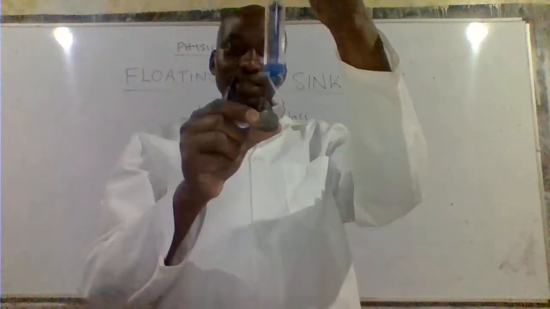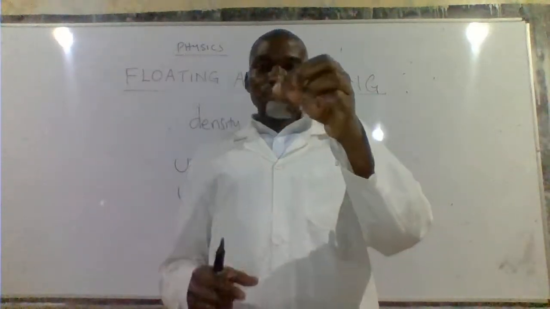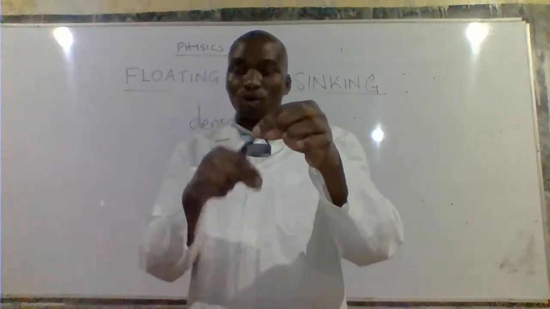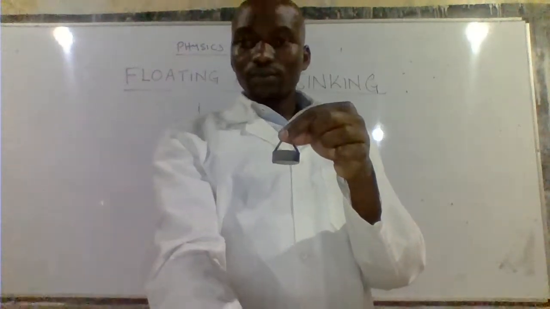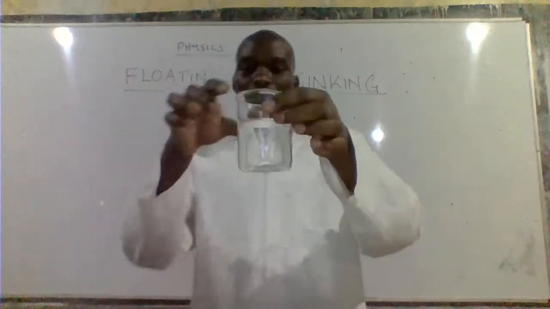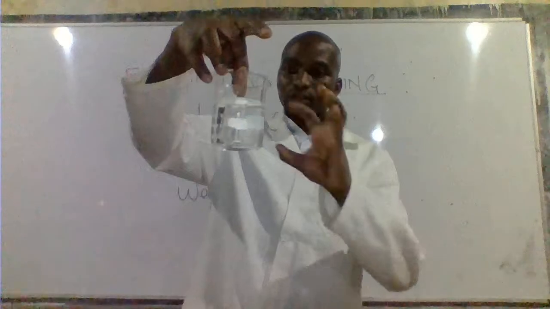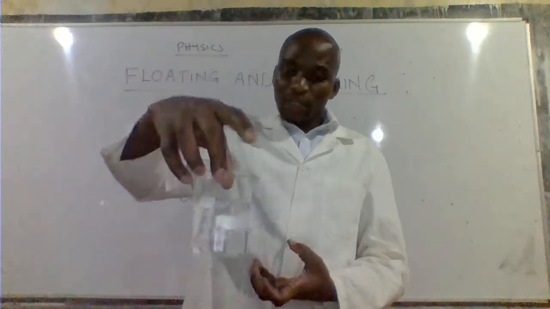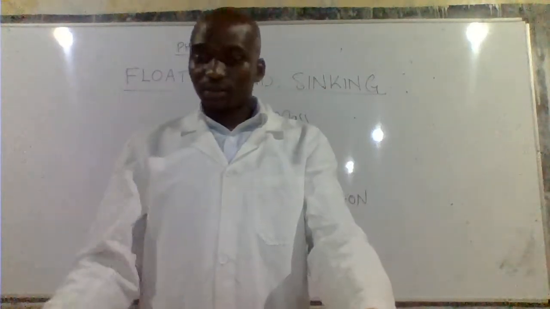Now I want us to immerse this given body in a given liquid, and this liquid that I'm going to use is water, and I want us to measure its weight when completely immersed in water and see the difference. I have a beaker with me, and this beaker contains some water, and this is where I want to immerse this given body so that I can measure its weight when it is completely immersed.